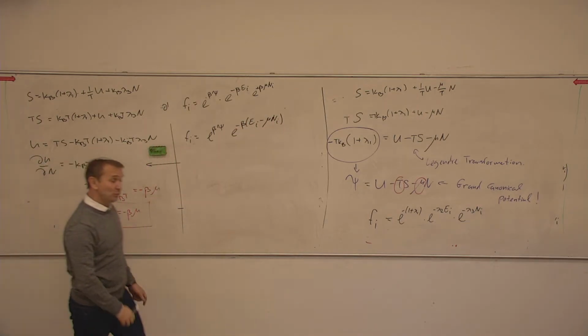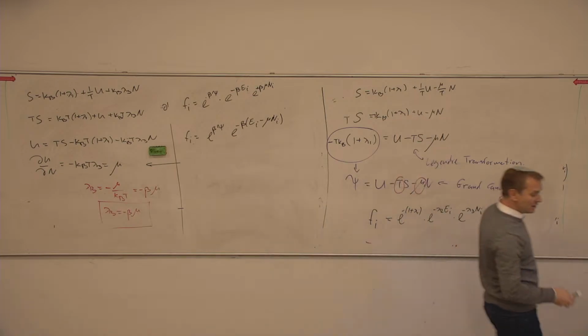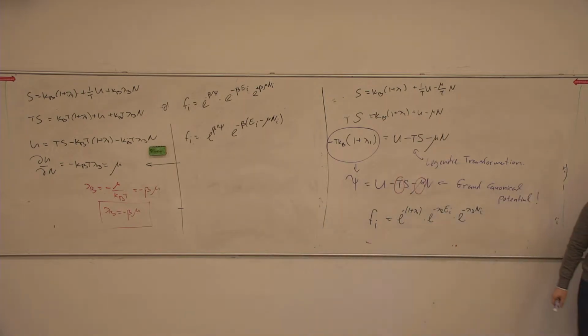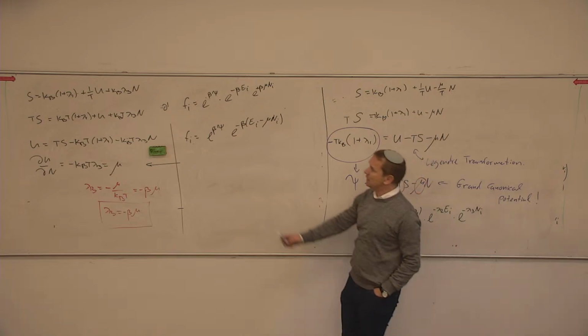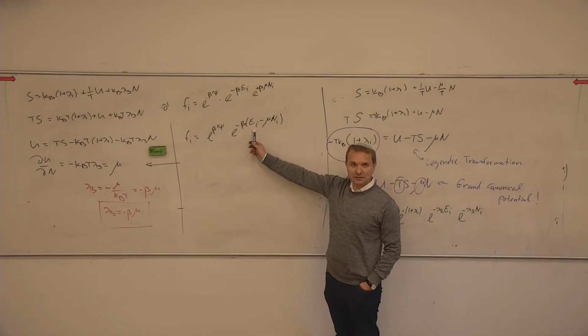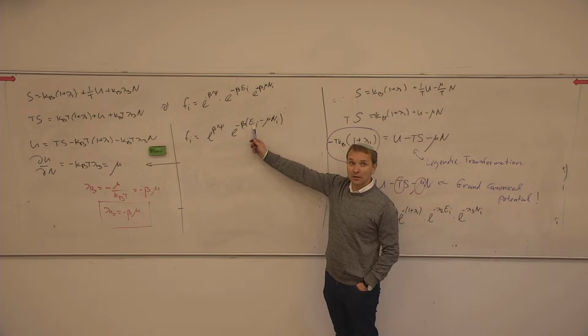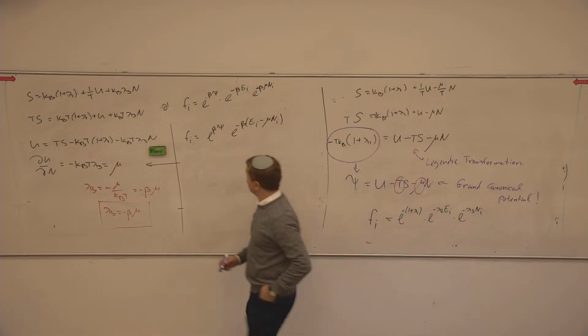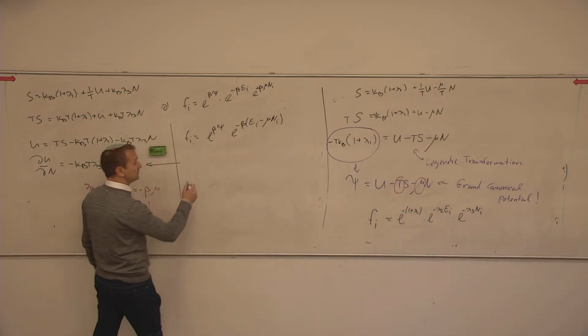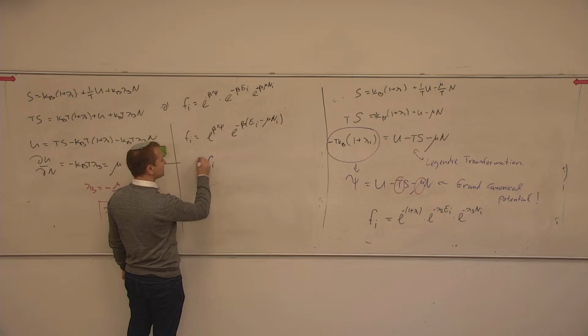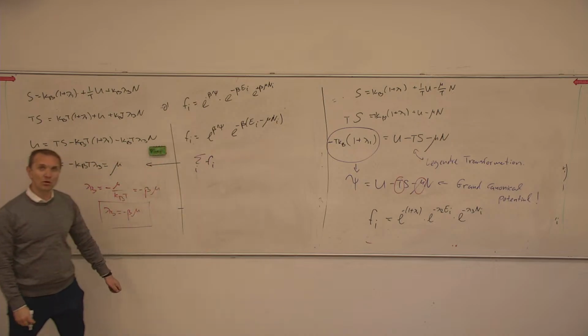Now, if you don't like this constant and you like the expressions that include only probabilities and only specific values of the states, meaning energies of the state and number of particles for the specific state, I'm going to use the following thing. Let's perform a summation over Fi.